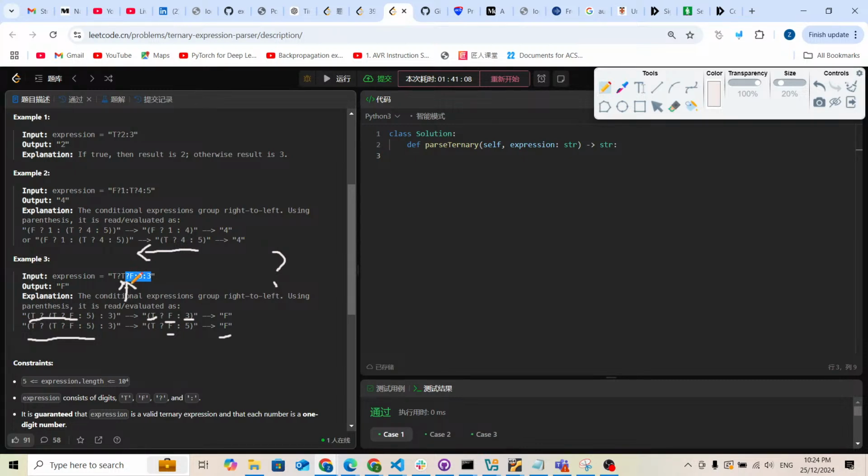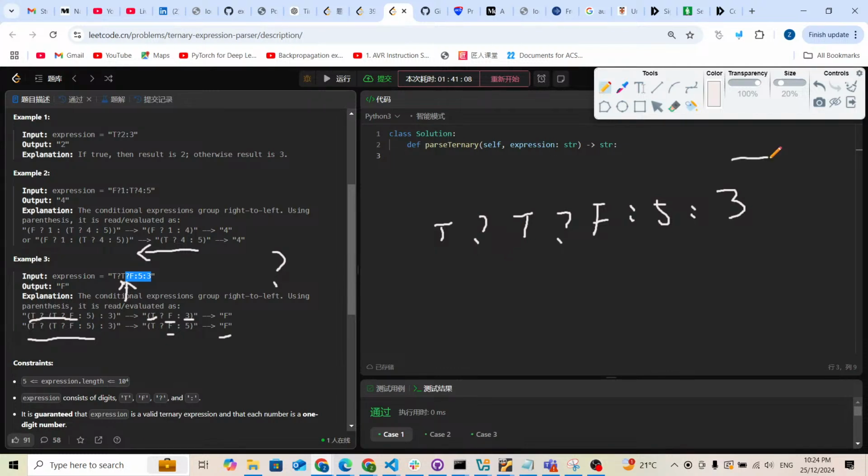So if we find a question mark, let me just use this expression. This is T question mark, T question mark, F, 5 and 3. What we're going to do is check the characters from right to left one by one.